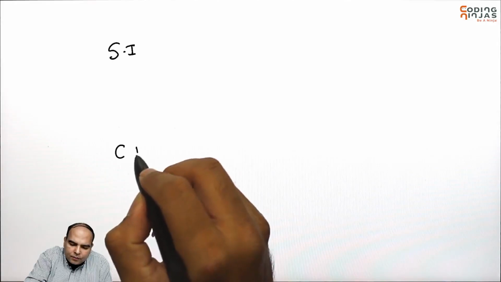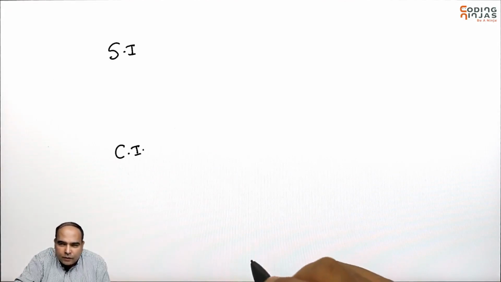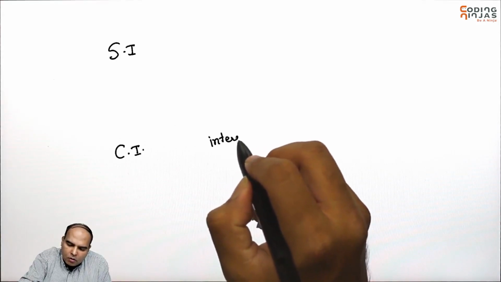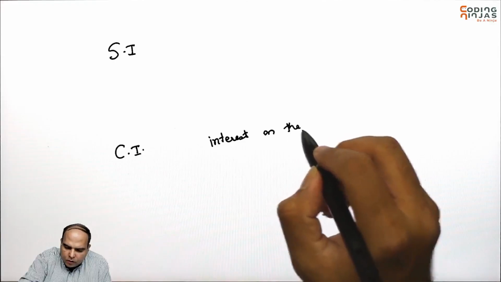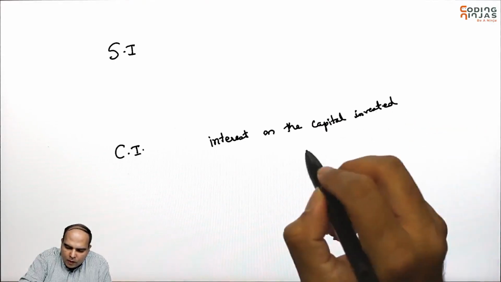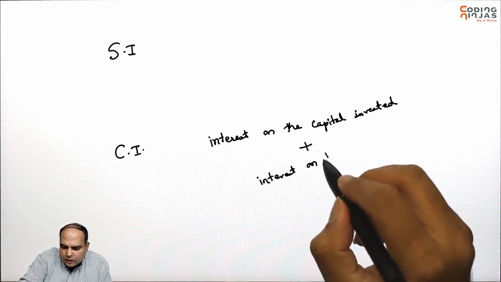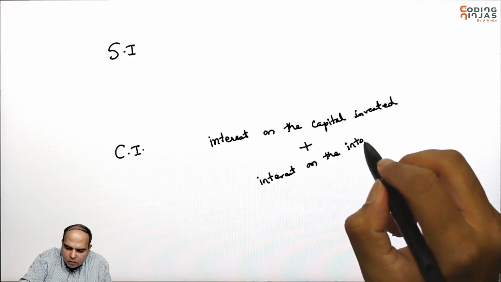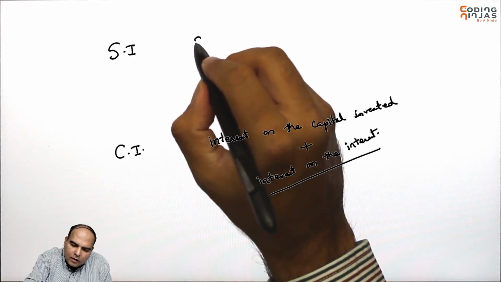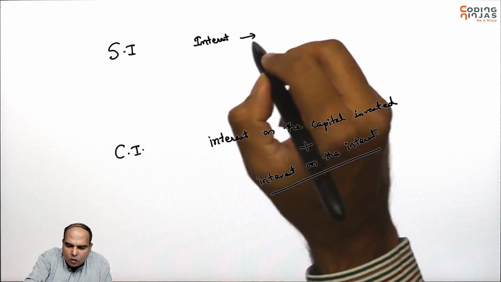and compound interest is the compounding factor that is often talked about in all economics and all finance, where in compound interest you get interest on the capital invested as well as interest on the interest, whereas in simple interest you only get your interest on the capital invested.